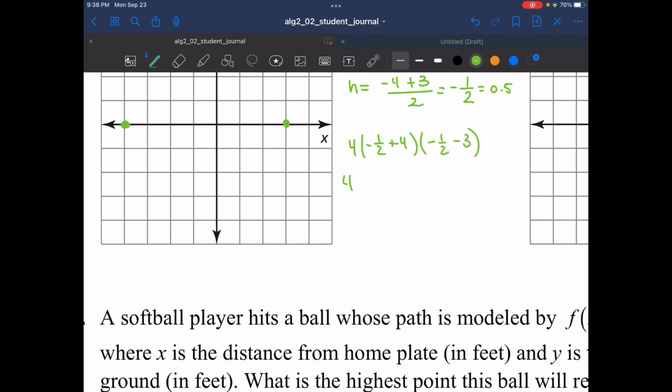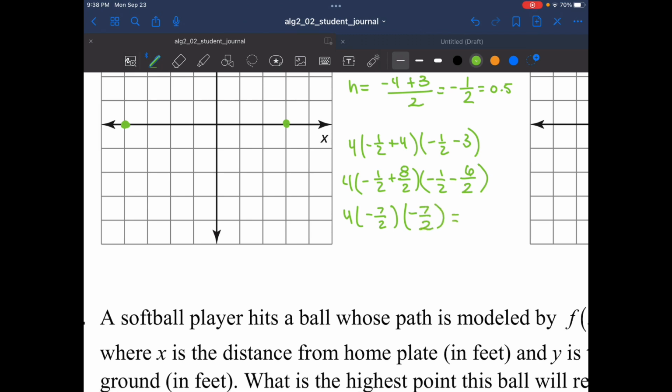We're going to make sure they have common denominators. So we have 4 times negative 1/2 plus 8 over 2, times negative 1/2 minus 6 over 2. That's 4 times negative 1 plus 8 is negative 7 over 2, negative 1 minus 6 is negative 7 over 2.